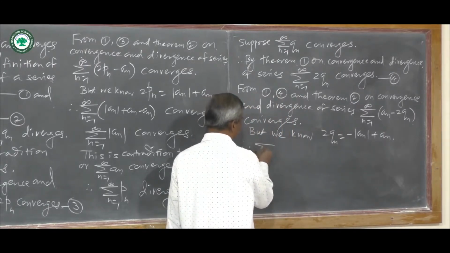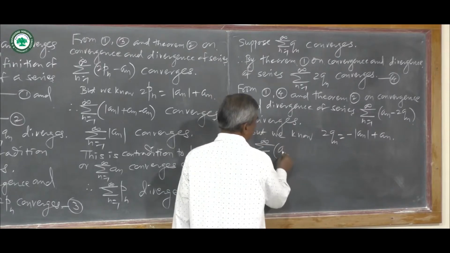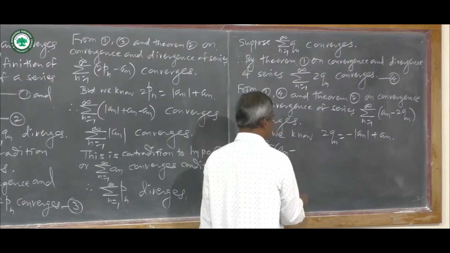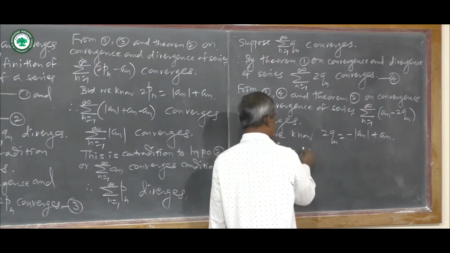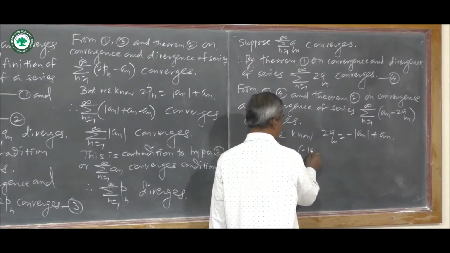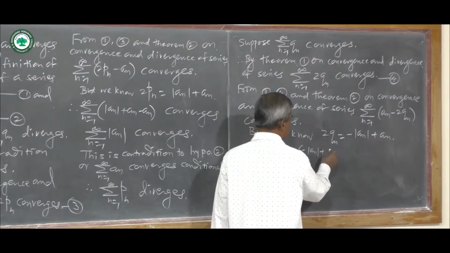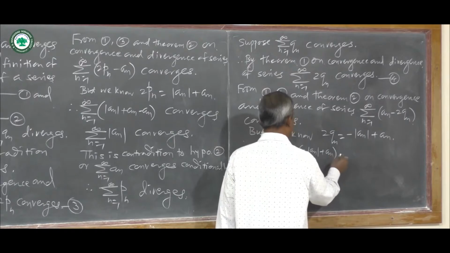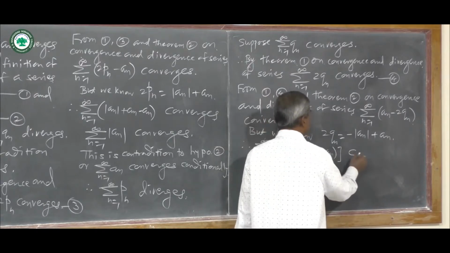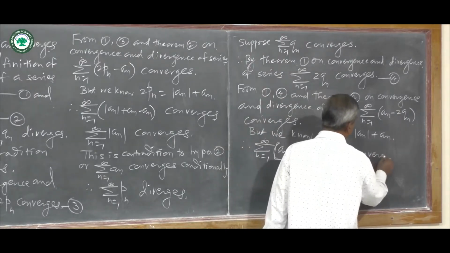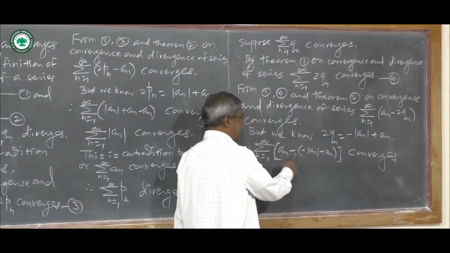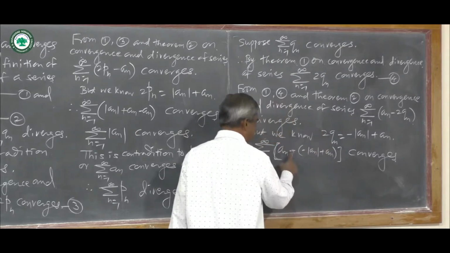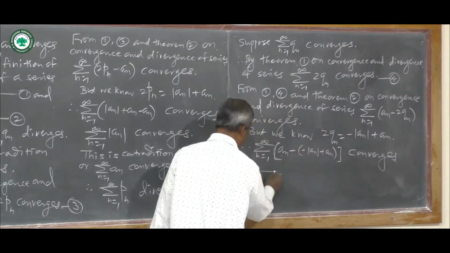Therefore, summation n is equal to 1 to infinity an minus, minus mod of an plus an converges. Plus an and minus an cancel, and we get plus mod of an.